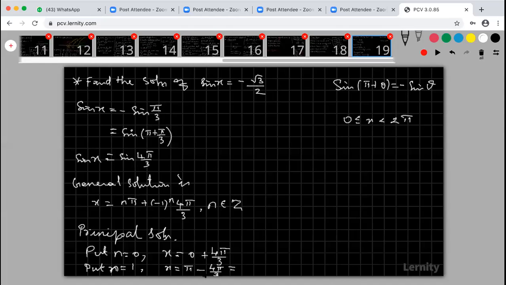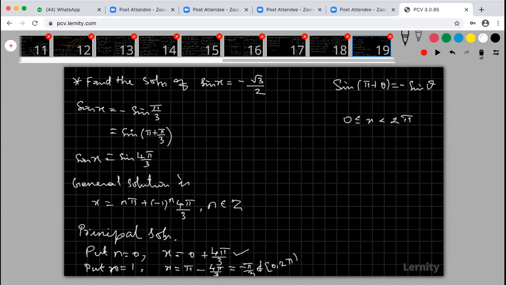So this is 3 pi minus 4 pi by 3, that is a negative, minus pi by 3. But this is not in that interval 0 to 2 pi. This is not a principal solution. So therefore the only solution that lies in 0 to 2 pi is 4 pi by 3 only.